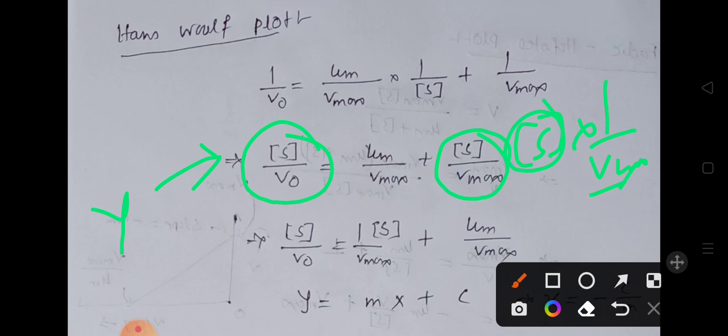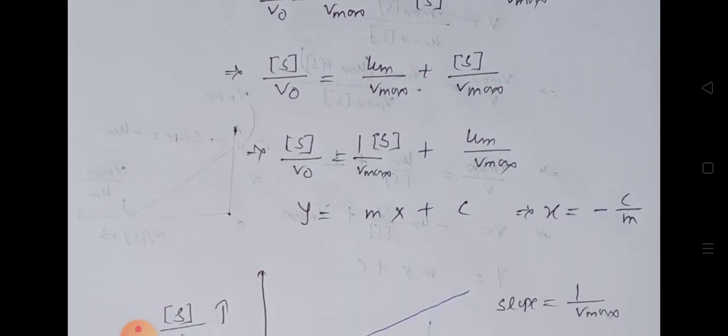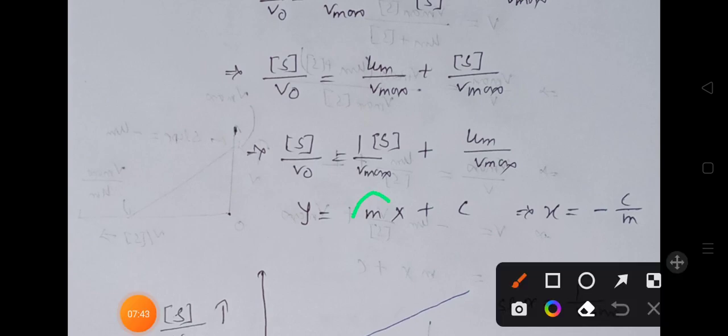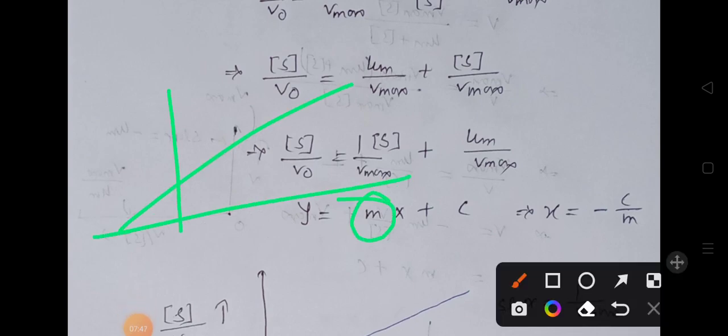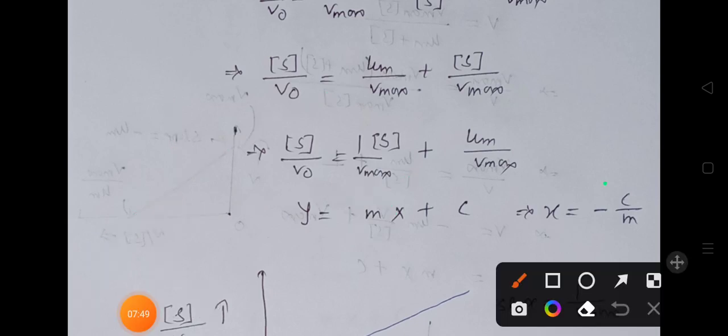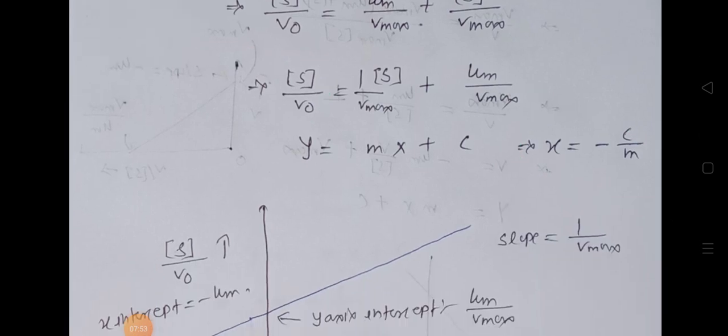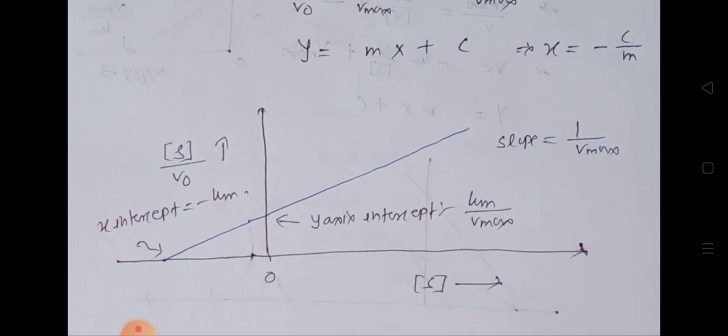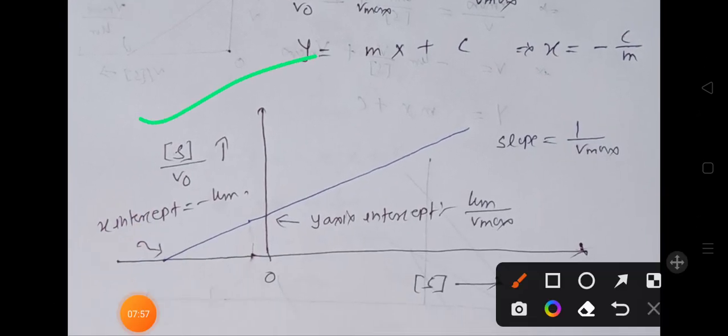So we can consider this as mx, and this is totally a constant term, so this is c, right? Now, as m here is again a positive value, the graph will be something like this, and you also have the value of the x-axis intercept and y-axis intercept. So by putting all of this, you will get something like this. Okay, so that is the Hanes-Woolf plot.